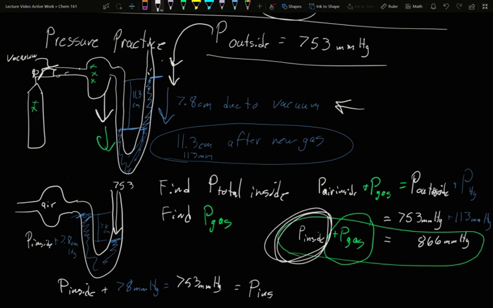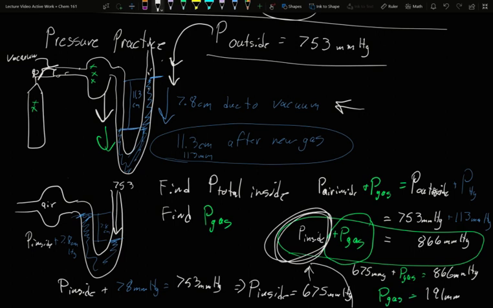Which means our pressure inside, if I want to rearrange, is 753 minus 78, 675 millimeters of mercury, which I can plug in here. 675 millimeters of mercury plus the pressure of the new gas must equal the 866 millimeters of mercury we find at the very end. 866 minus 675, our pressure of the new gas is 191 millimeters of mercury.